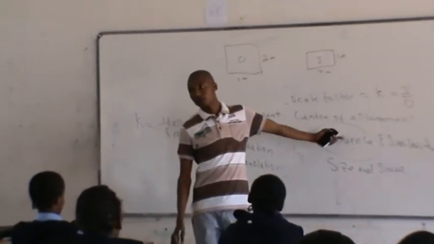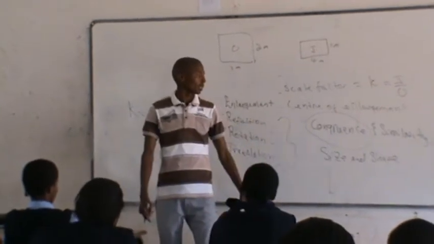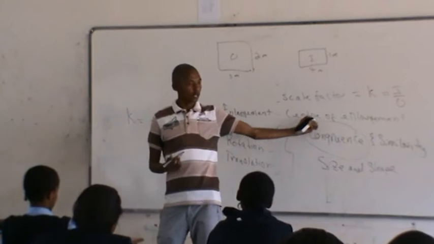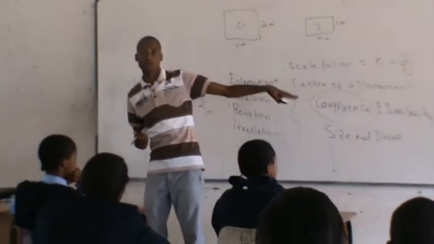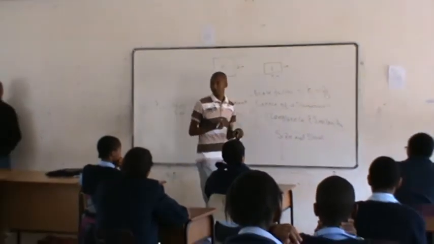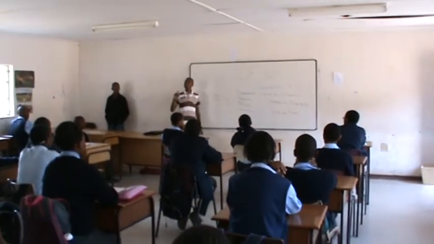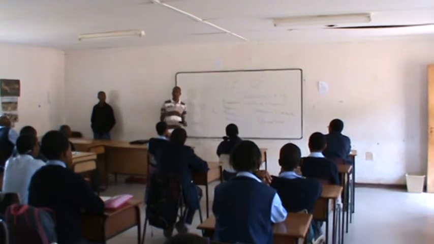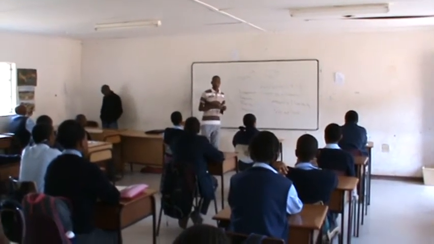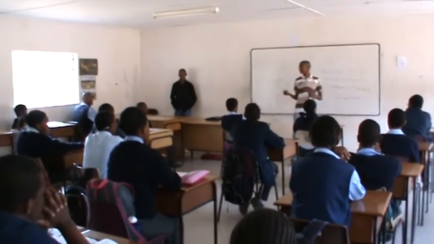So my earlier question was, can you think of a real life example of congruent figures or anything that you can say is congruent? Still bearing in mind that the mathematical language is somehow different from the everyday language that we use. Because I talked about equality.